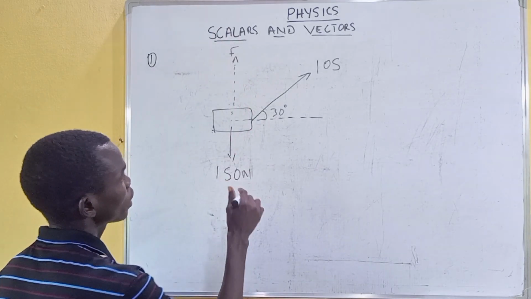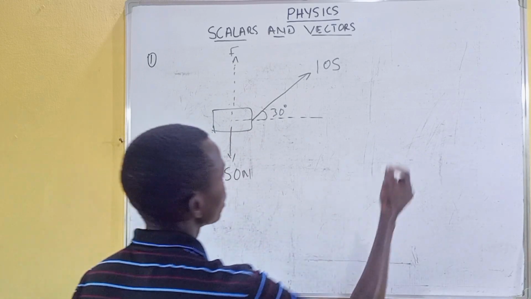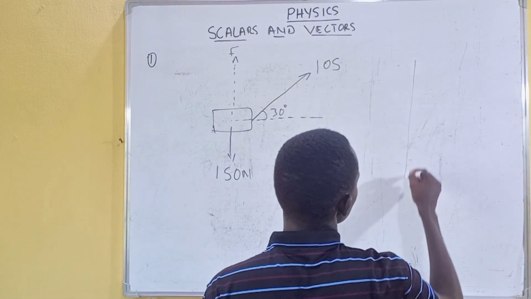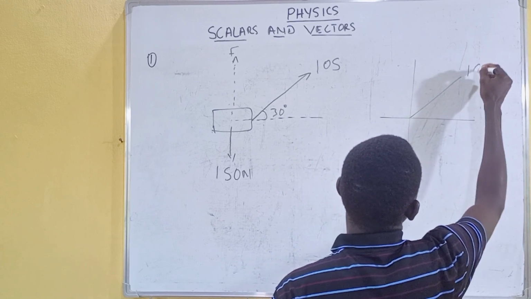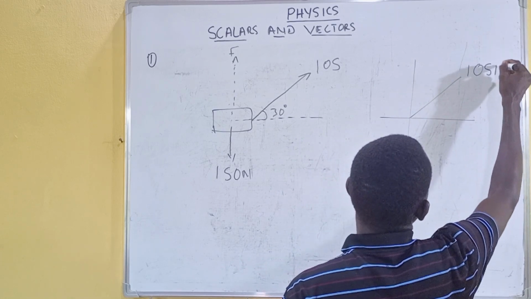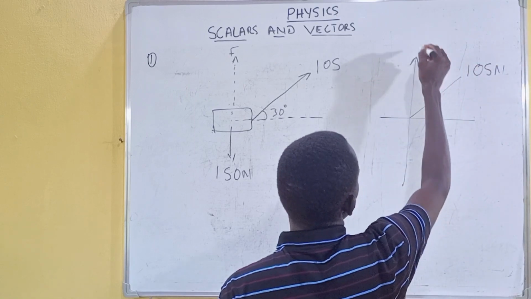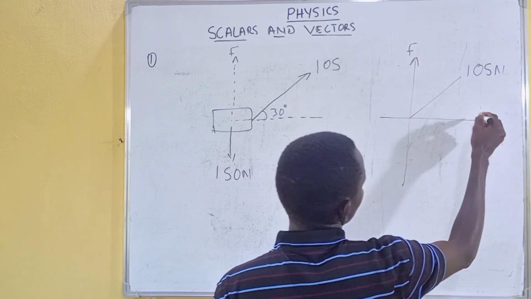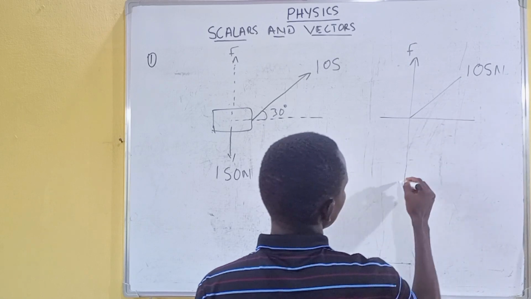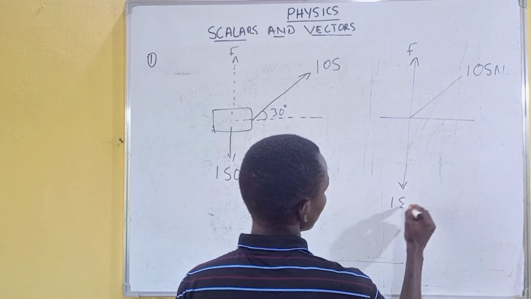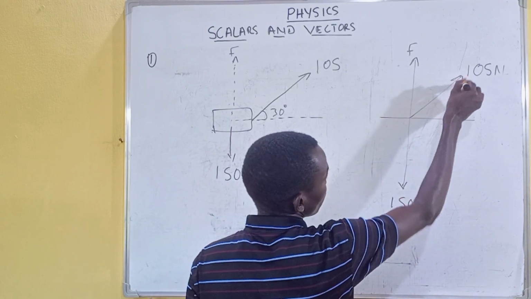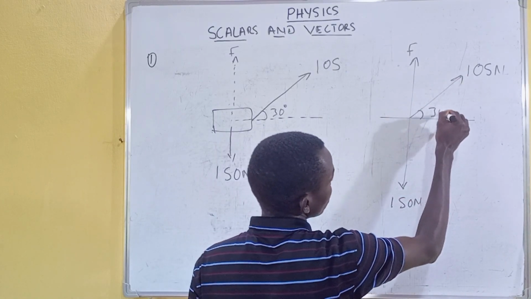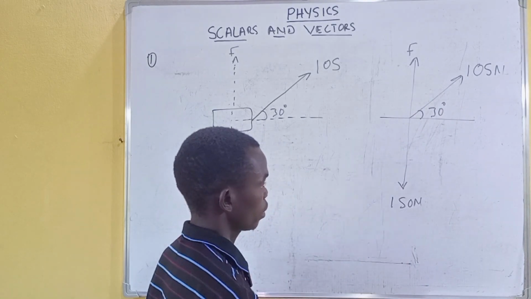When you look at this diagram, it can also be written as this. Here is the force in the string. This is our vertical component, and here is our load, which is 150 Newton, at an angle 30 degrees to the horizontal.